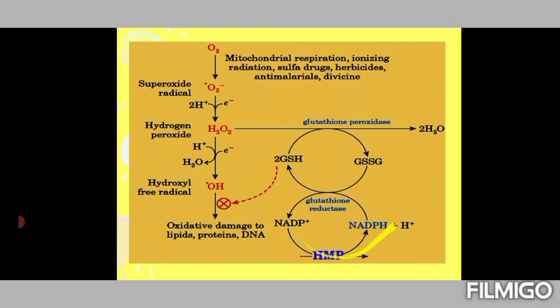The NADPH level is reinstated with the help of the metabolic process we discussed, the HMP pathway. So this is an exclusive slide. You can pause and learn it well: how superoxide radicals are formed, how hydrogen peroxide is formed, and how hydroxyl free radicals are scavenged by GSH are all illustrated in this slide.